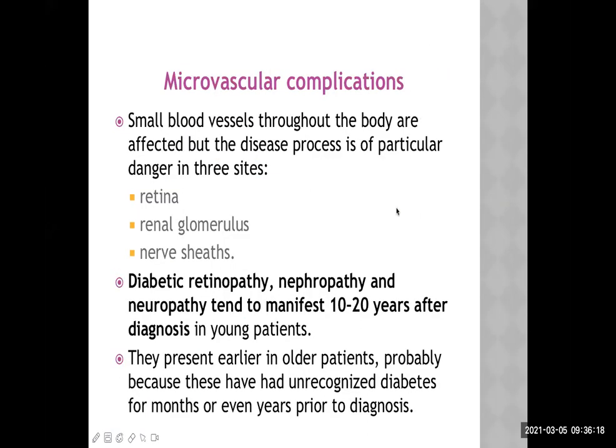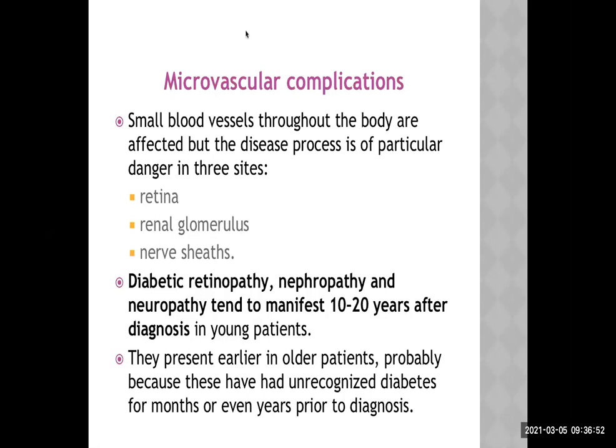Let's talk about microvascular complications now. You all know there are 3 important organs affected by microvascular complications. They are the retina, kidney, and the nerves or the nervous system. So let's talk about each one of them. Diabetic retinopathy, diabetic nephropathy, and diabetic neuropathy tend to manifest 10 to 20 years after the diagnosis.